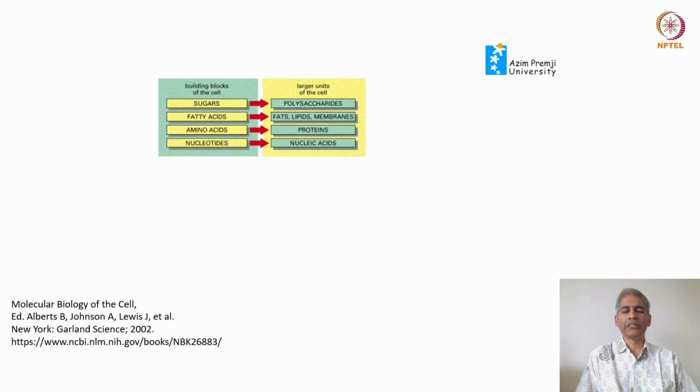Finally, we also need to consider how the body builds up structures within a cell. So you start with certain building blocks, and the building blocks for biomolecules are in four major categories. They are sugars, fatty acids, amino acids, and nucleotides.